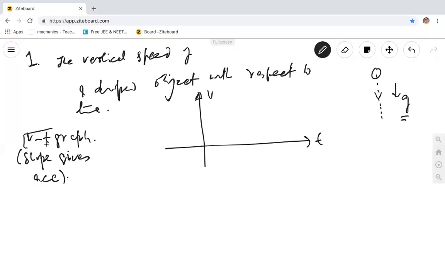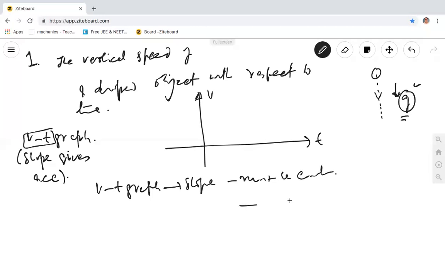So velocity time graph slope gives acceleration, but that acceleration here is constant. Right. Acceleration due to gravity g is constant. That means velocity time graph slope must be constant. Means it must be a straight line.